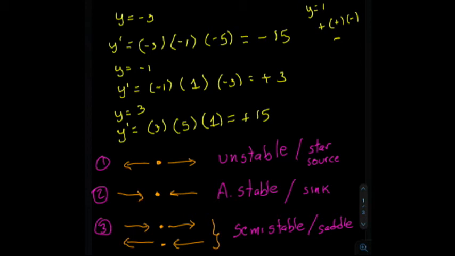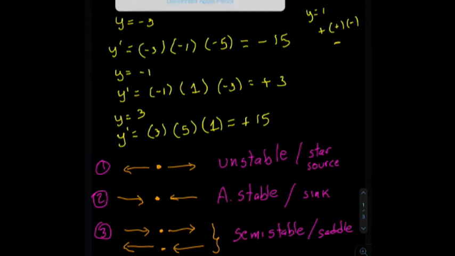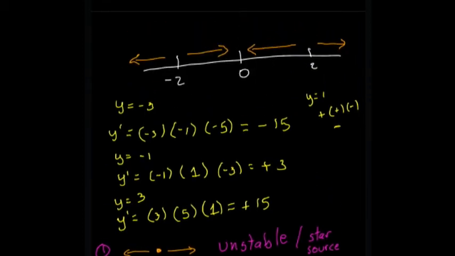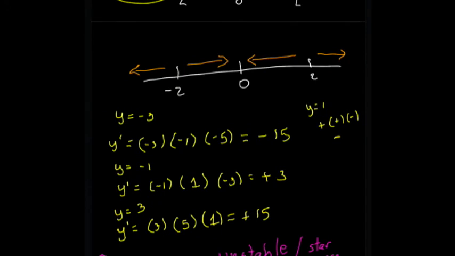So this is 3. Based on this, we can now answer our question, and we see that the point -2 is unstable. The point 0 is asymptotically stable. The point 2 is unstable.